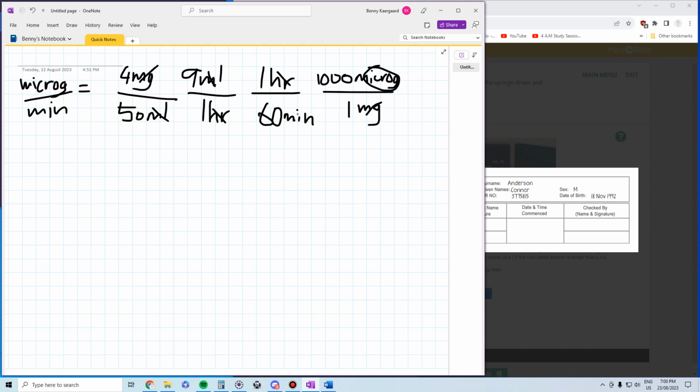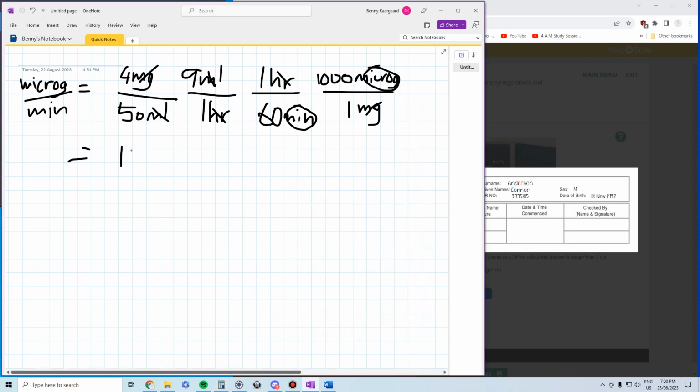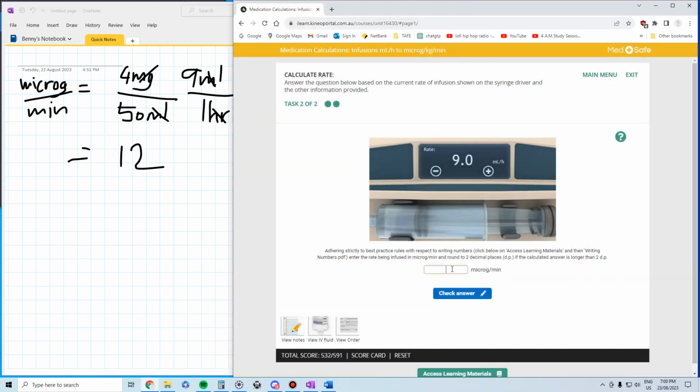This doesn't have to cancel out, this doesn't have to cancel out because again, rule 4. So now we'll do our calculations. We got 4 times 9 times 1000 divided by 50 divided by 60. 12 micrograms per minute.